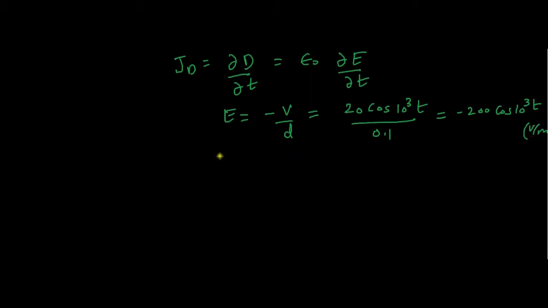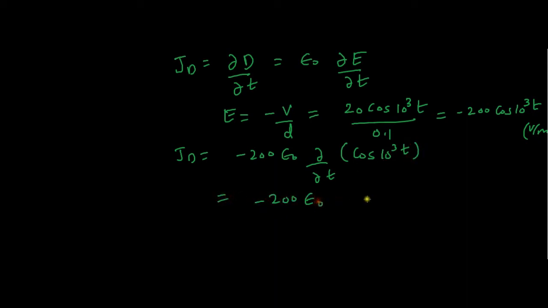So what we have now is JD equal to minus 200 epsilon naught del by del T of cos 10 cube T. The differentiation of cos is minus sine, so we get sine 10 cube T into 10 cube.